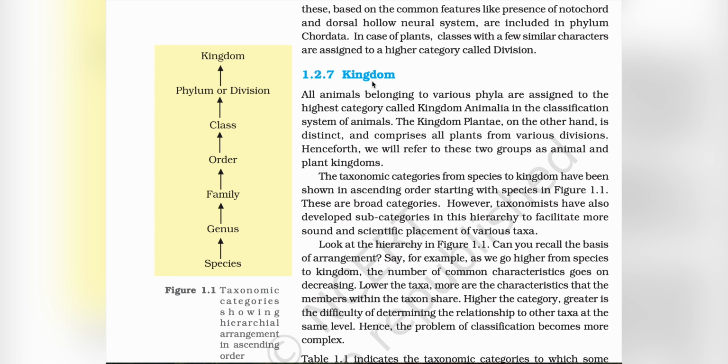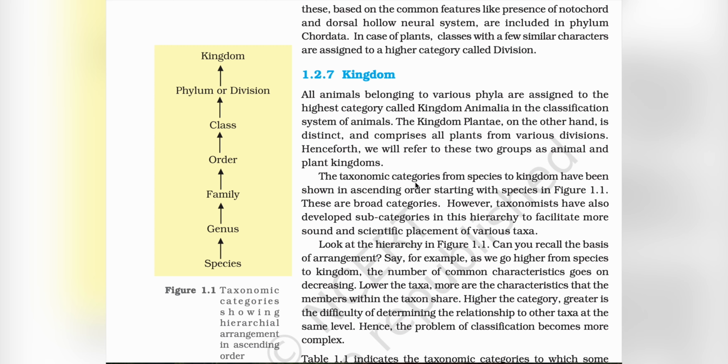Last and the highest category is kingdom. All animals belonging to various phyla are assigned to the highest category called kingdom Animalia in the classification system of animals. The kingdom Plantae, on the other hand, is distinct and comprises all plants from various divisions. Henceforth, we will refer to these two groups as animal and plant kingdoms.